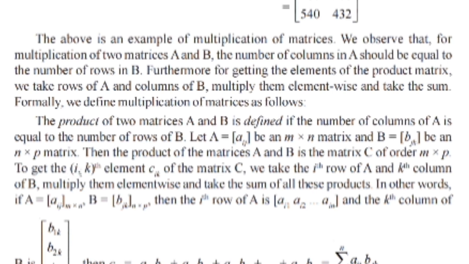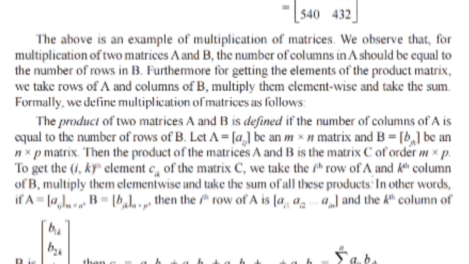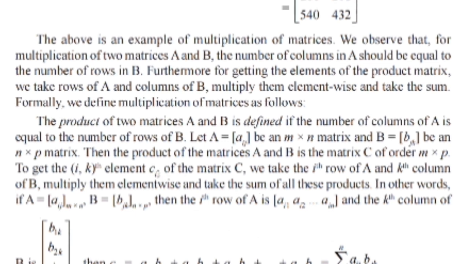Now the ik element, how do you find it? The ith row of A. Suppose I want to find C11, I have to multiply the first row of A and the first column of B. Suppose in the matrix C I want to find C12. I'll explain here.